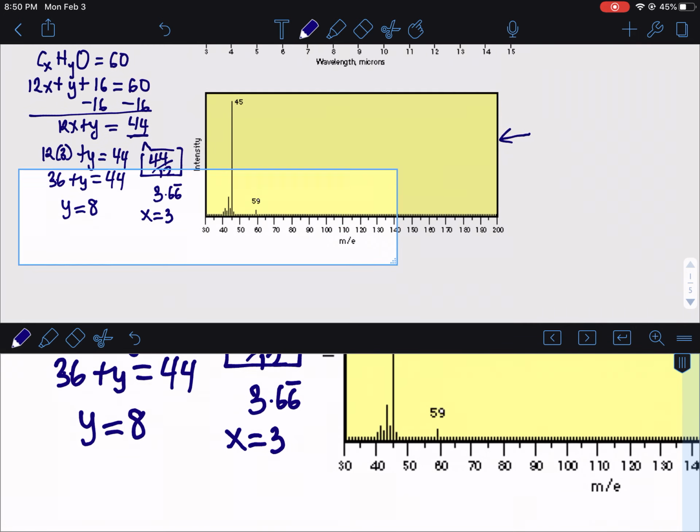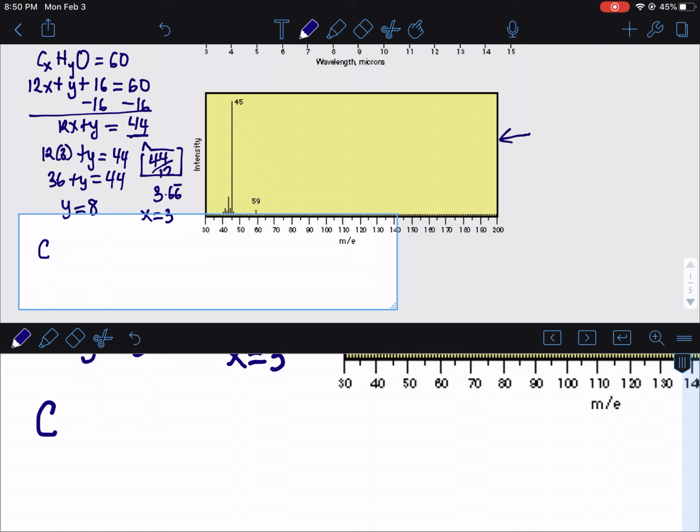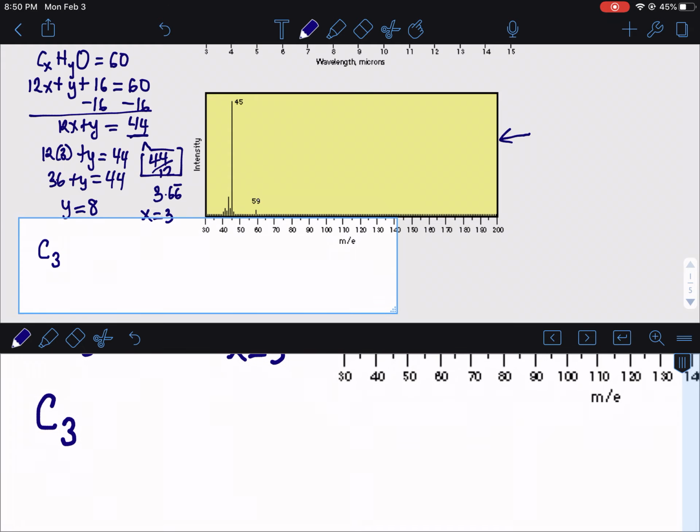So now let's plug everything back into the molecular formula. x is 3, so that's C3. y is 8, so that is H subscript 8, and we were given just 1 oxygen.